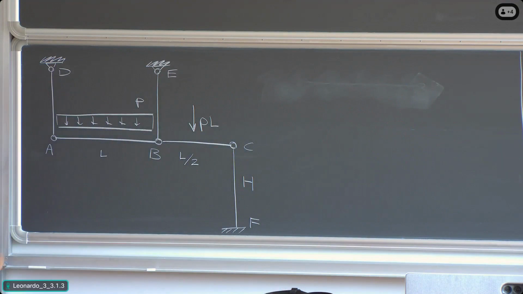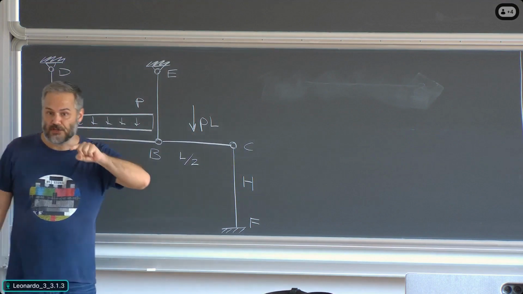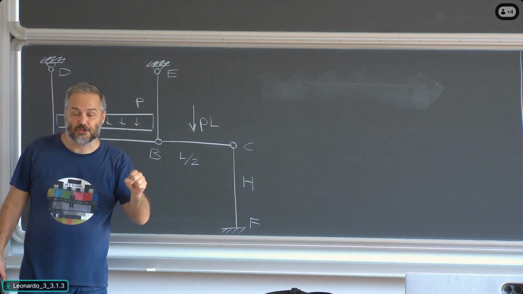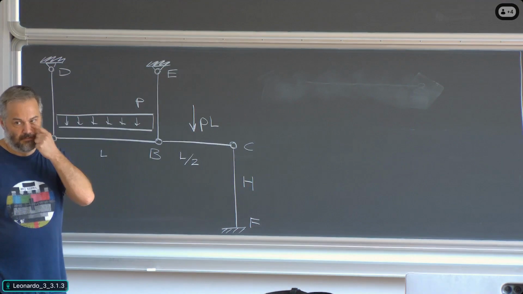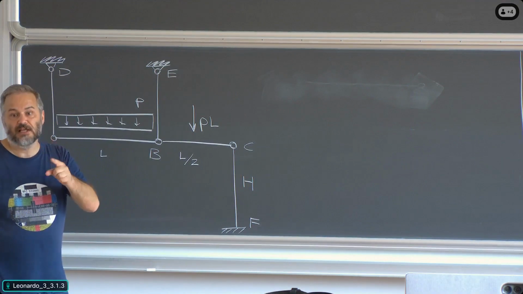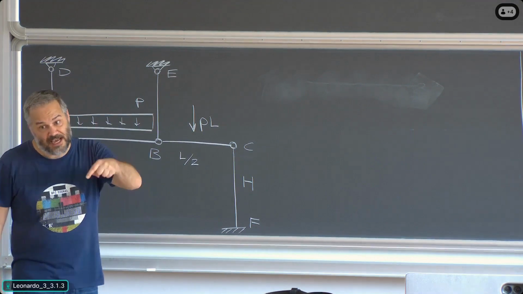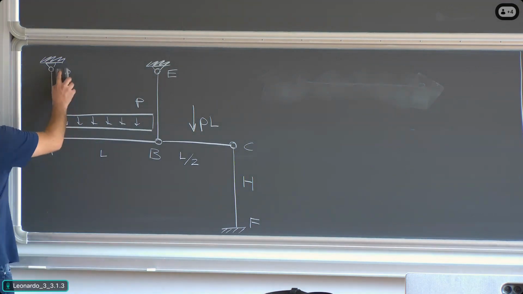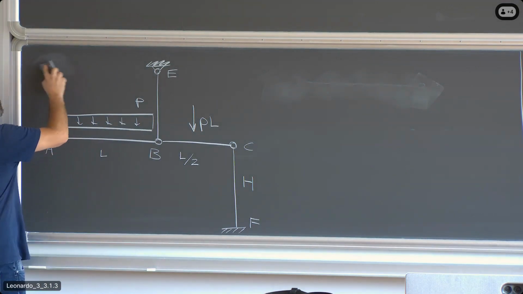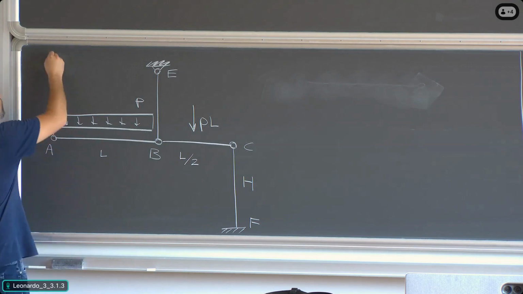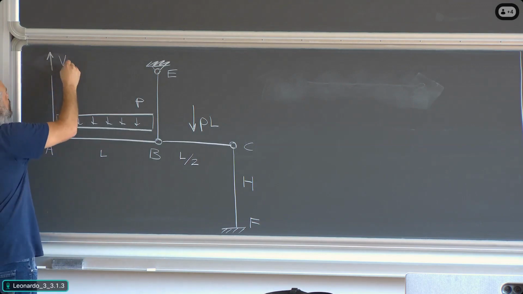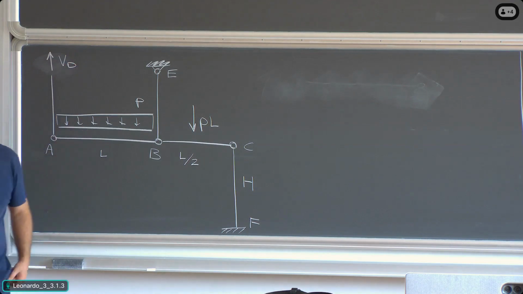If AD is a truss member, I know it's subjected to an axial force only, which means that even if at point D there is a hinge which prevents horizontal translation and vertical translation, and therefore would have two reaction forces, there is only one left, which is the vertical force, which becomes the axial force in member AD. So I can replace the restraint at point D with a vertical force VD.